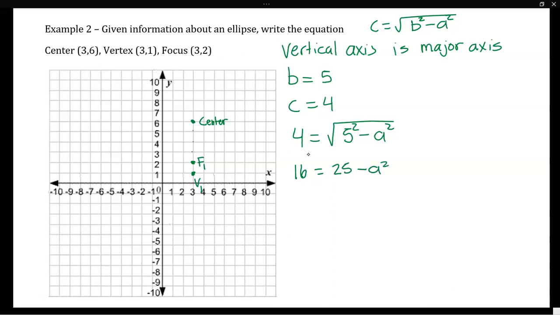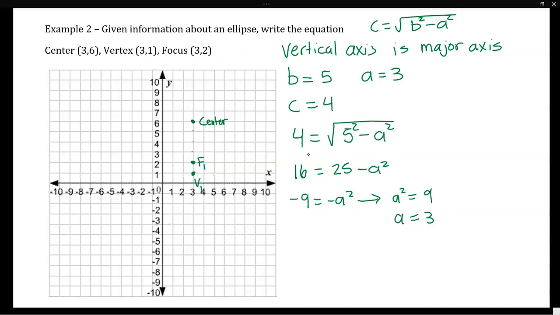Again, we just squared both sides to get rid of the square root. And so now to solve for a, we subtract 25. So we get negative 9 equals negative a squared. That's the same as saying positive a squared equals 9. And so a is obviously going to equal 3. So now b equals 5, c equals 4, and a equals 3.